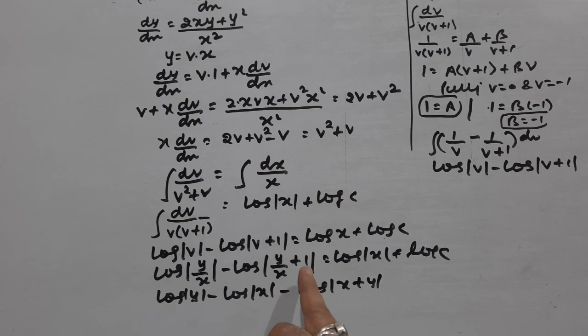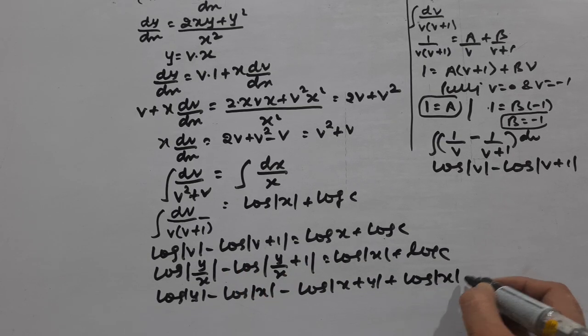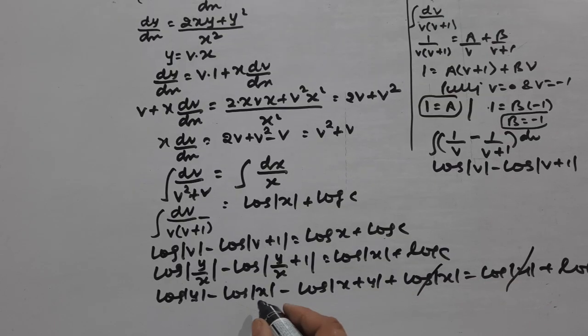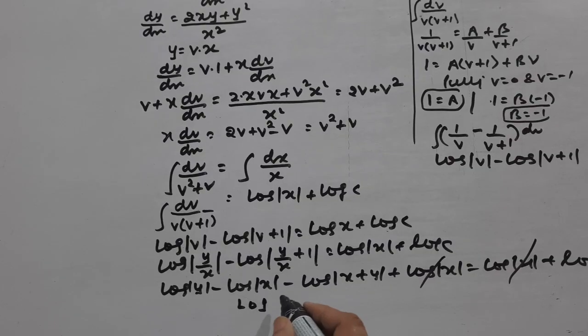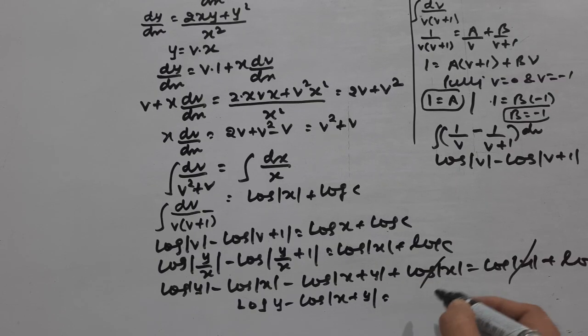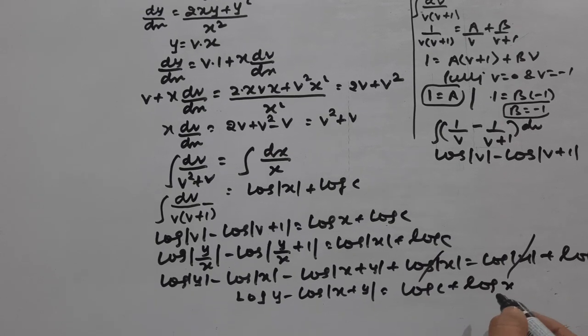Now we get minus log x, but we have a minus sign outside, so we get plus log x, equal to log x plus log c. Now this log x can be cancelled with this, so we get log y minus log of x plus y equal to log c plus log x like this.